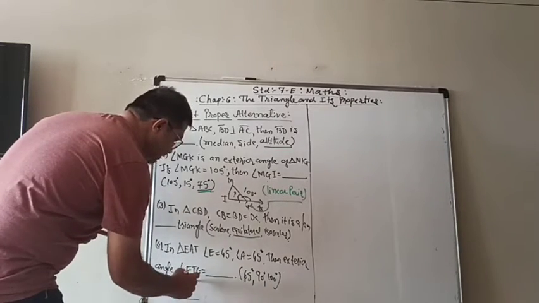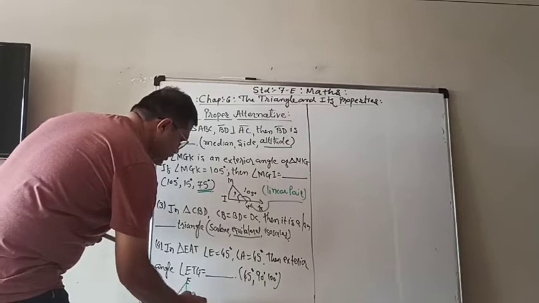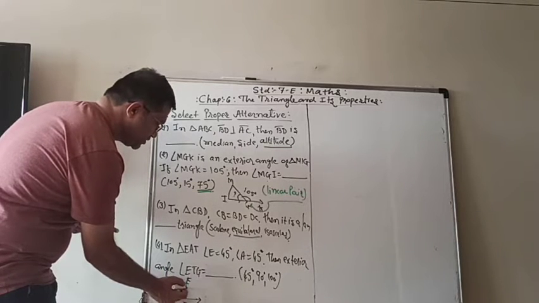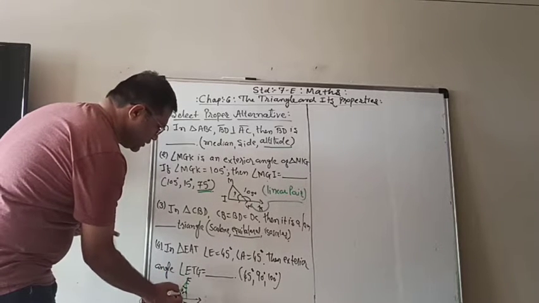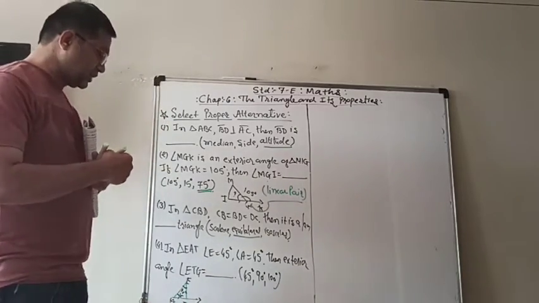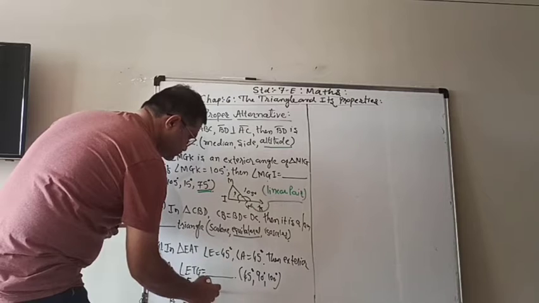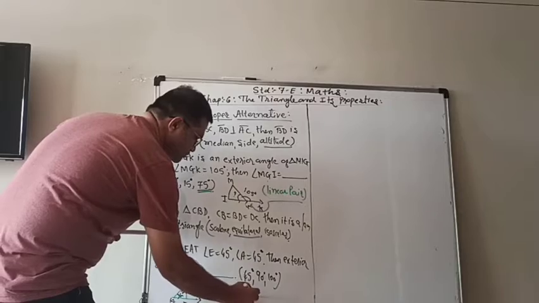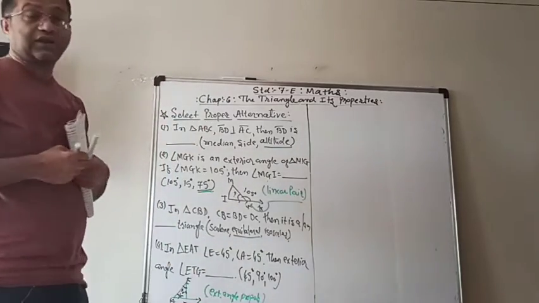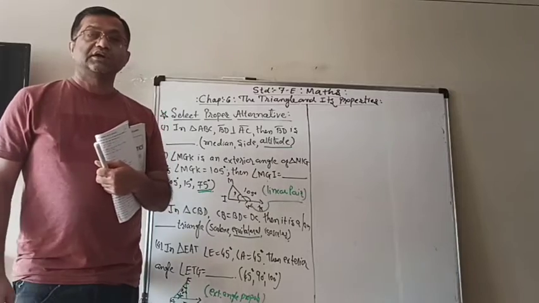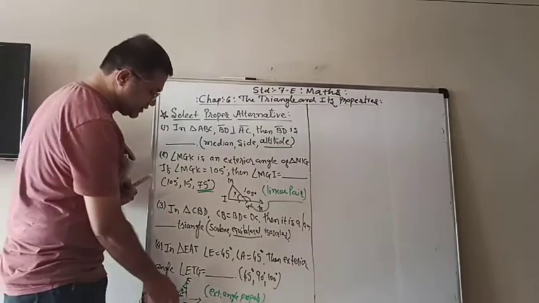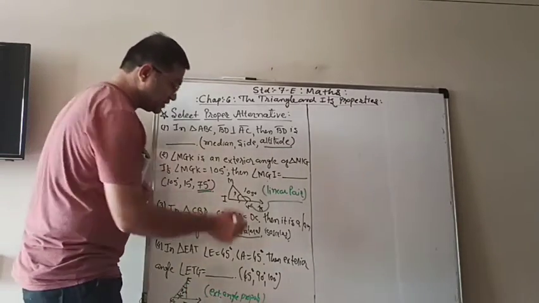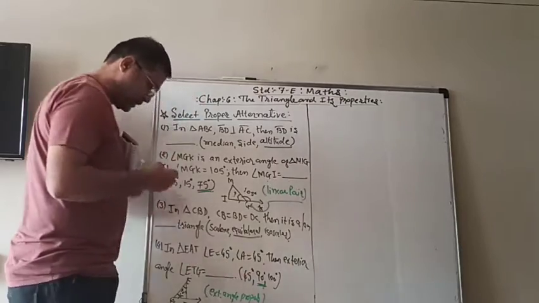Here triangle EAT is there and G is outside. These both are 45. Angle E is 45. Then you know the exterior angle property. We know that an exterior angle is equal to the sum of its interior opposite angles. So this angle will be the sum of these, means 45 plus 45. What is 45 plus 45? It is 90. So your answer is 90 degree.